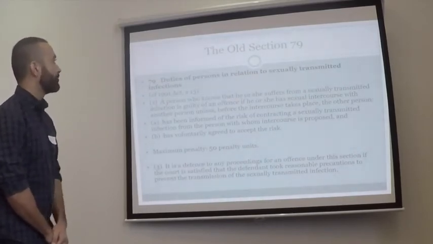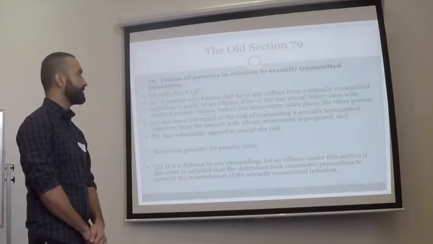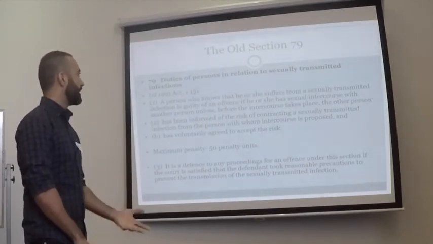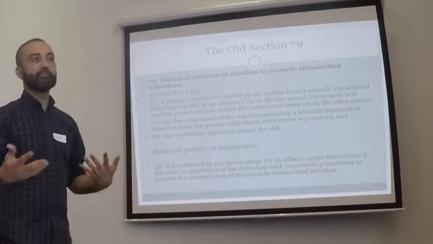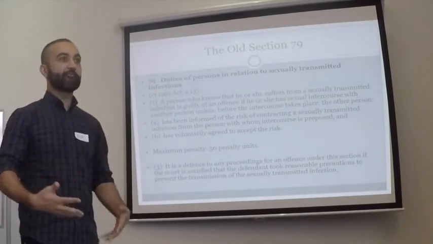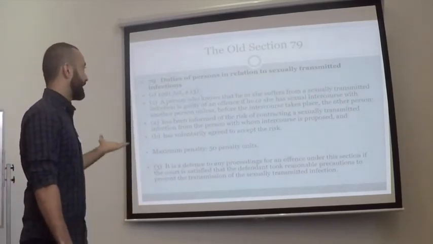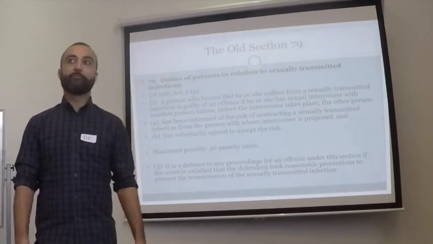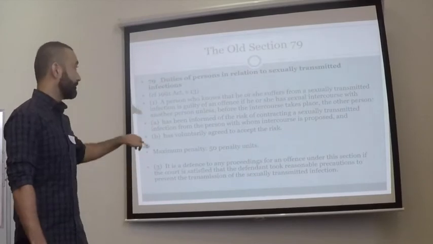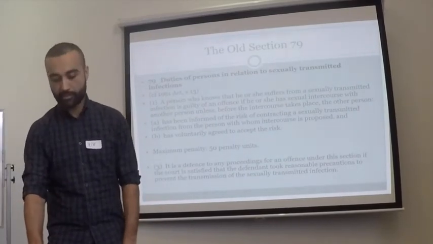A person who knows that he or she suffers from a sexually transmitted infection is guilty of an offense if they have sexual intercourse with another person, unless they receive informed consent and the other person voluntarily agrees to take on that risk. There's a defense if they've taken reasonable precautions. The maximum penalty used to be 50 penalty units, which comes to about $5,500.